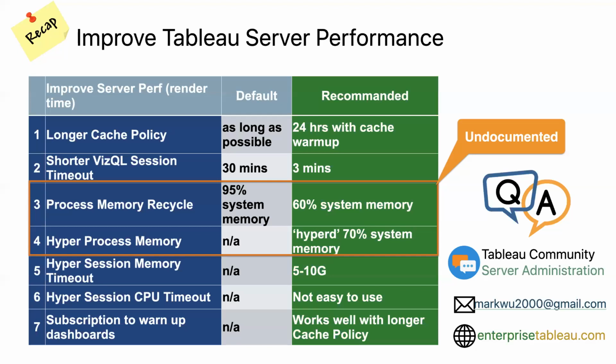Number 6 is the CPU. It's a feature available, but I don't know how to use it well. Number 7 is a feature that is not really for server admins, but mainly for workbook owners, for a few critical VIP workbooks. All right, those are the things I have.